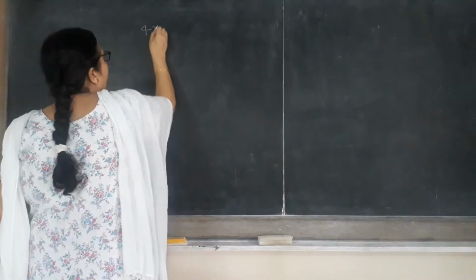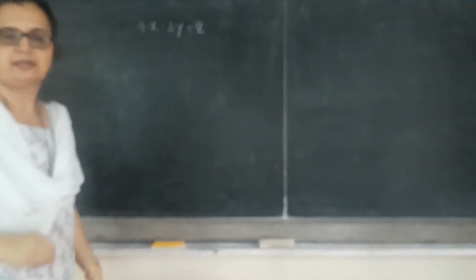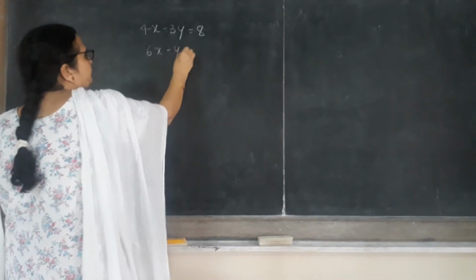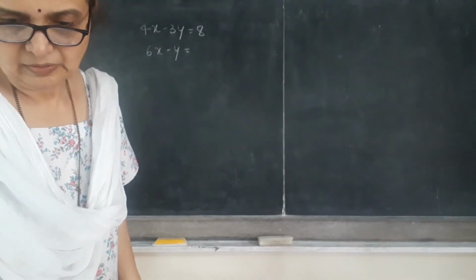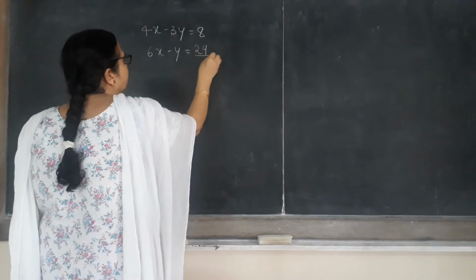Yes, one more sum. 4x minus 3y is equal to 8. Then (6x minus y) upon 3 is equal to 29 upon 3.